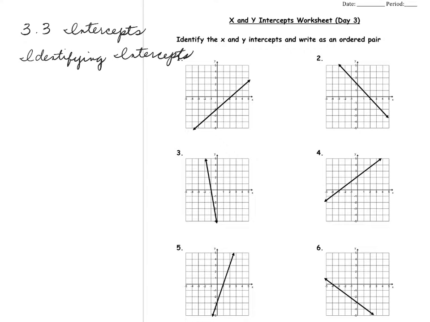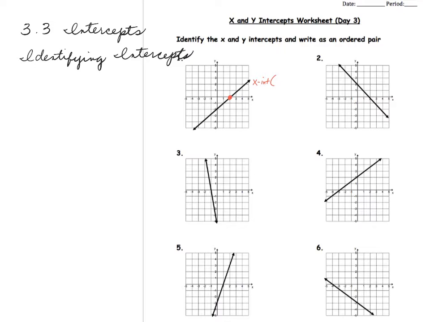This line right here, we want to identify the intercept. We're going to look at the line that's graphed there, and find where it crosses the x-axis. And that is right here. That point is what we call the x-intercept. I'm going to abbreviate it.